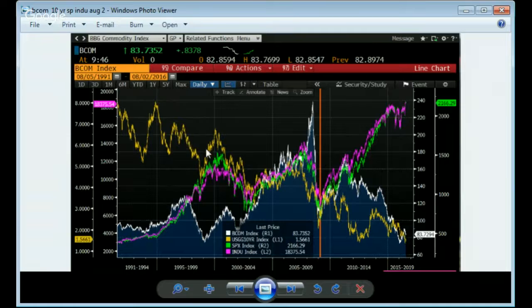Then we have the 10-year yield. Now remember, bond prices are opposite. So from this period here, we have bond prices rising. From this period here, as rates go up, and they are rising a bit through here, bond prices are coming off. So that would be what you would expect still.